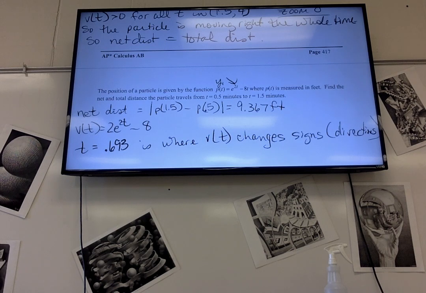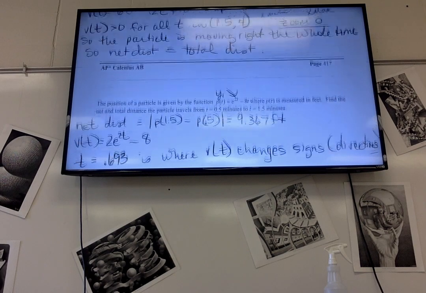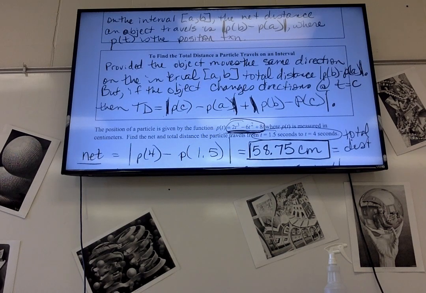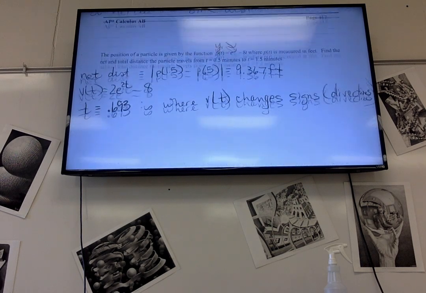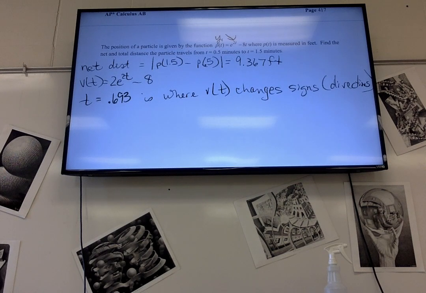So what we were talking about is, what's the point of that? Well, remember, total distance, you have to find where it changes signs, because you have to have 2 of them. And again, order doesn't matter because it's absolute value.